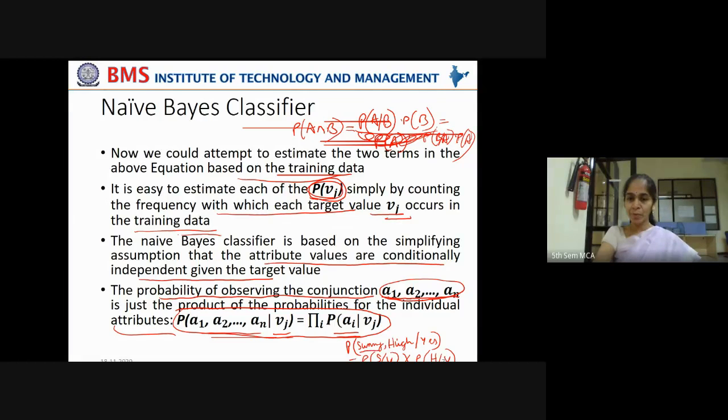That is why, see here, the probability of sunny comma high both being observed given the outcome label is S is the individual probability of sunny given S multiplied by probability of high given S, right? That will be your representation for the product of probabilities.